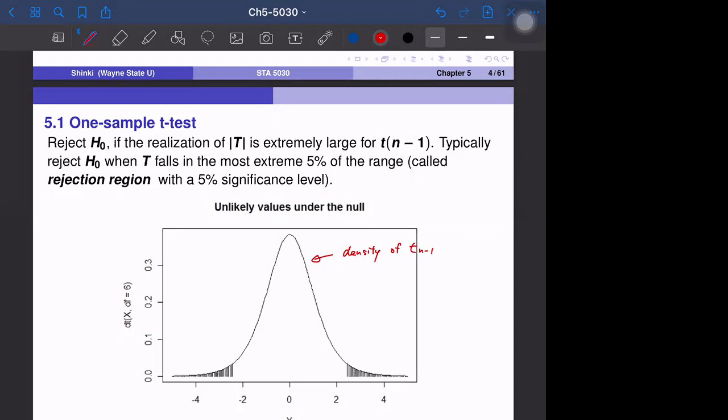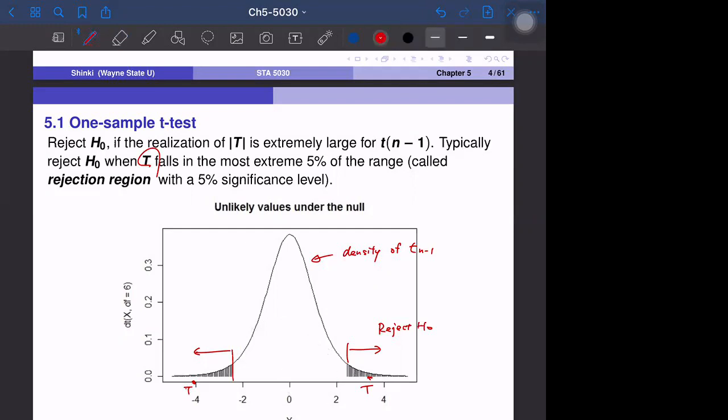And if our statistic T falls in the extreme range, this range or this range, that is too extreme under this situation, so we reject the null hypothesis. These are typical values, but these values are too extreme. So we reject the null hypothesis.